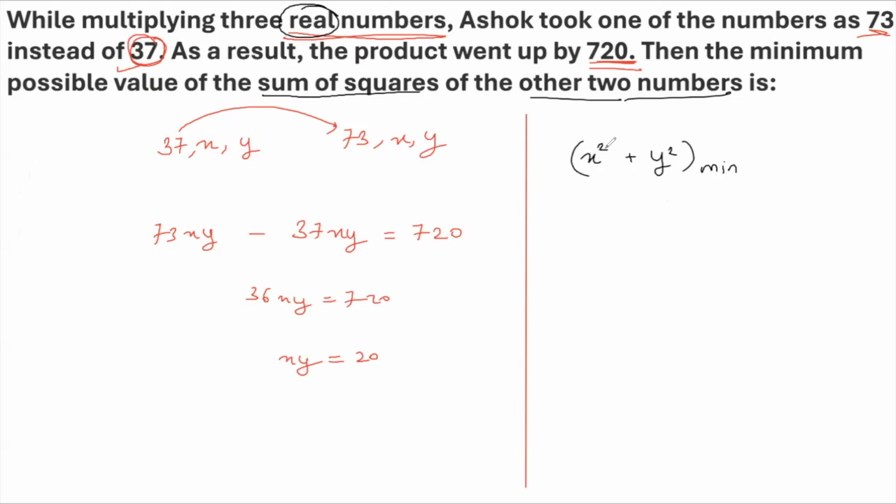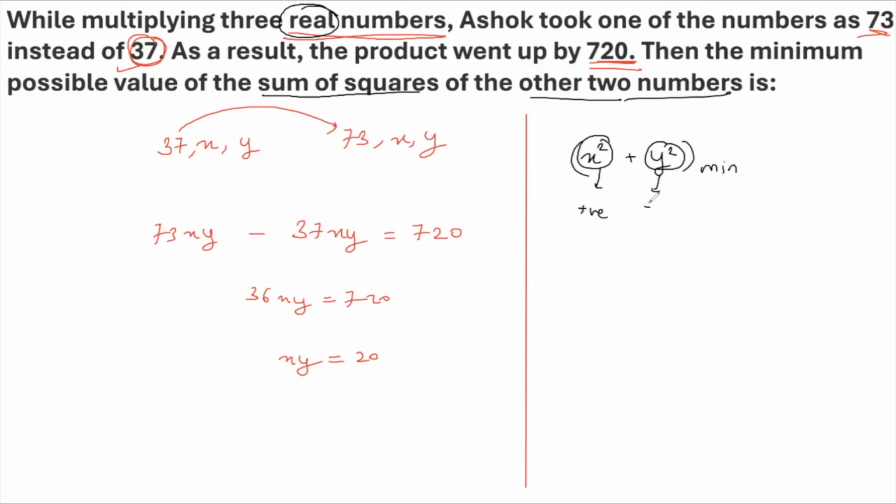But x square will definitely be a positive real number, right? Because perfect squares are always non-negative. And since Ashok is multiplying and getting something non-zero, x is also a non-zero number. So x square is positive for sure, and same for y square.